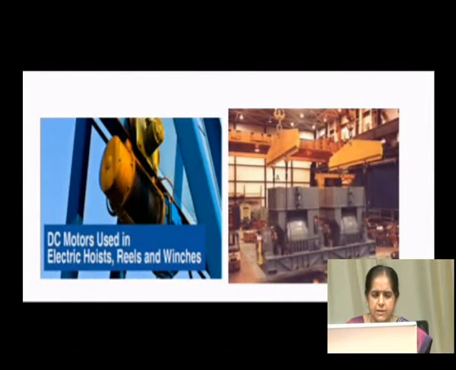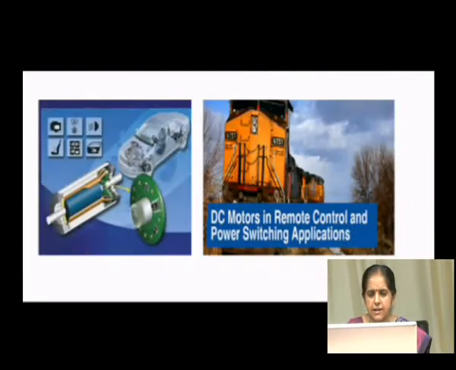This slide will show you the application of the DC motor used in electric hoists, reels and winches. This picture will show you the application of the DC motor in lifts and hoists as well as cranes. This slide will show you the application of the DC motors in remote control and power switching applications. And this is the application of the DC motor in electric vehicles.